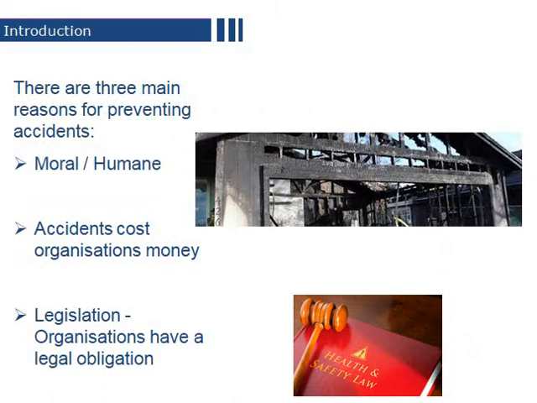So there's a need to prevent accidents, and there are three main reasons to prevent accidents. The first one is the moral or humane reason. The moral consideration has developed because of massive numbers of accidental deaths and injuries in the past.